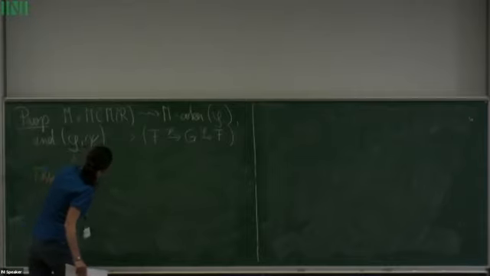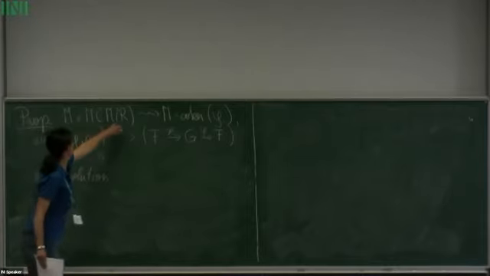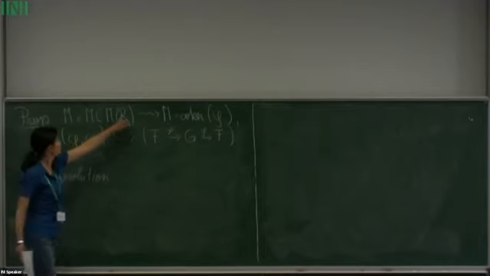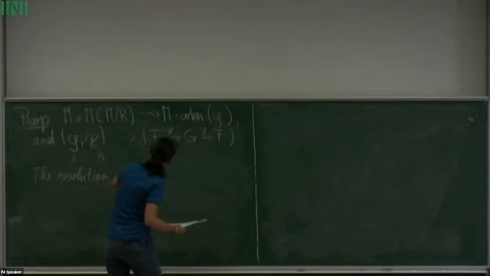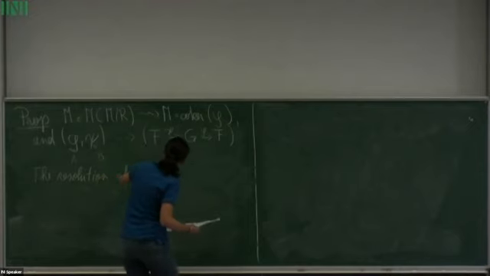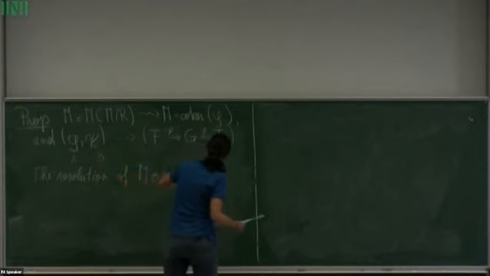So M is a module over R, so it is also a module over S adjoin Z. The resolution of M over S adjoin Z is given by the following.